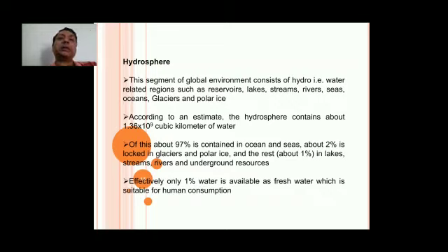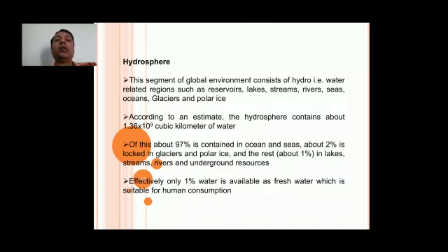According to an estimate, the hydrosphere contains about 1.36 x 10^9 cubic kilometers of water. We can say a lot of water is available on the earth. Of this, about 97% is contained in oceans and seas.